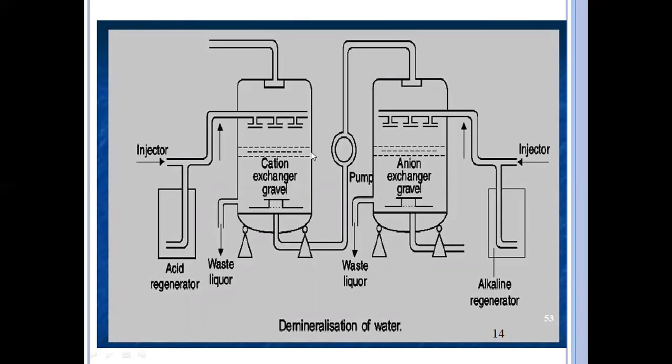In the first one we placed a cation exchanger. Here the hard water enters. When the hard water enters the first compartment with the cation exchanger, the water which comes out of the first compartment is free from cations.